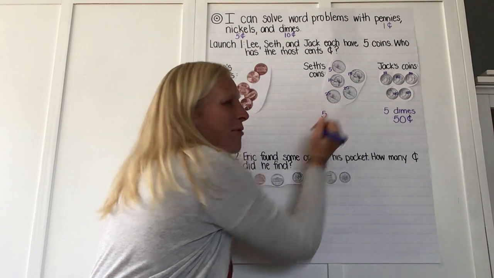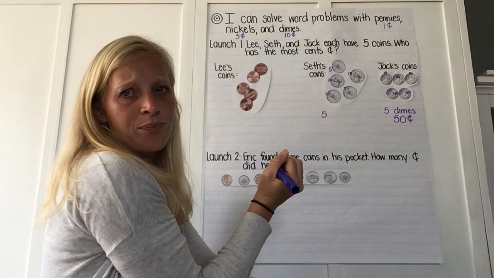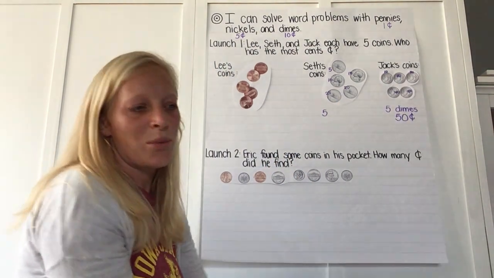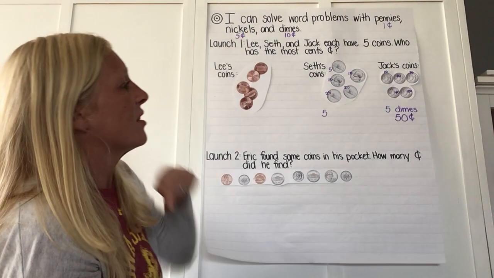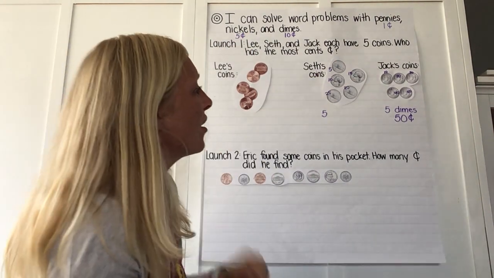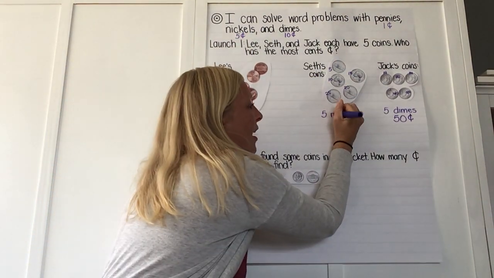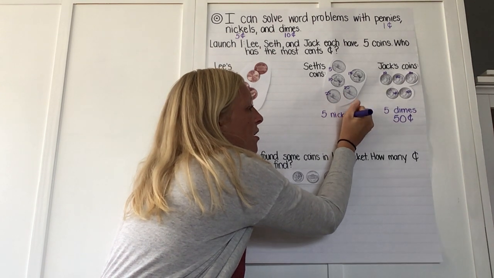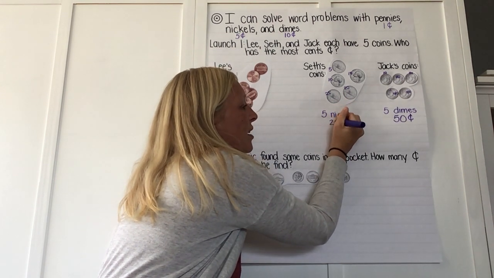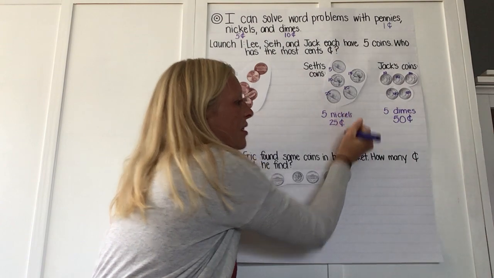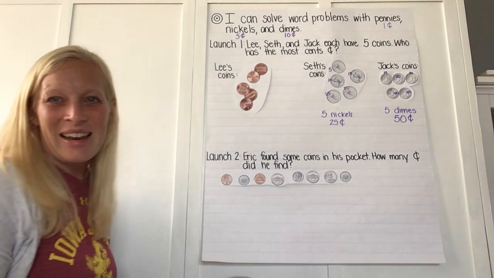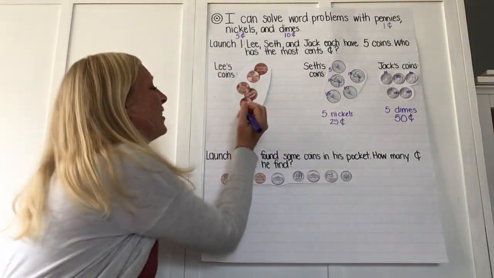Why did we skip count by 5? Because nickels are worth 5 cents. So we see 5 nickels there. And so when we have 5 nickels, we have 25 cents. And what about those pennies?